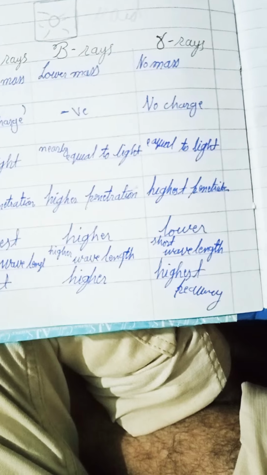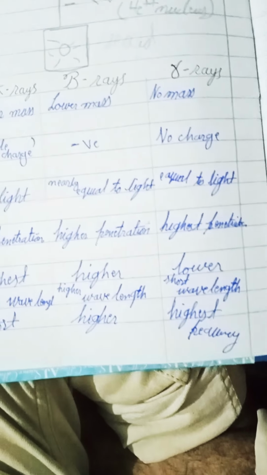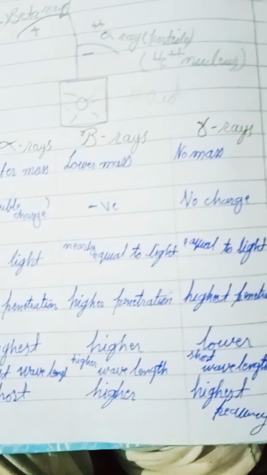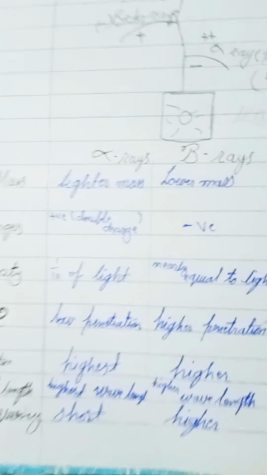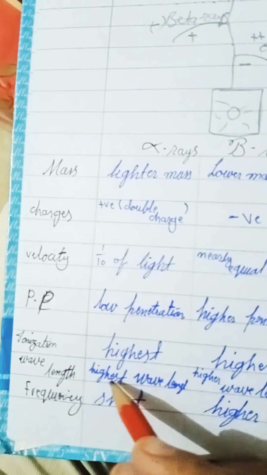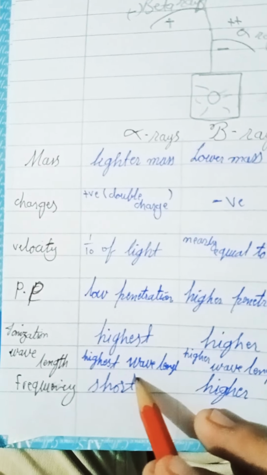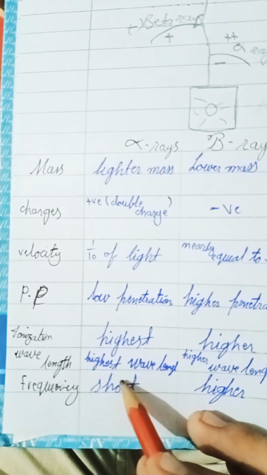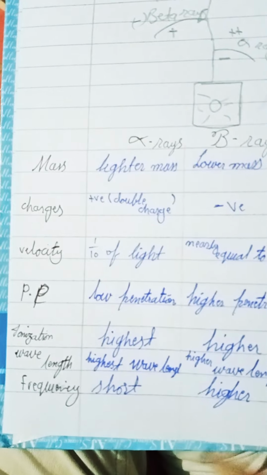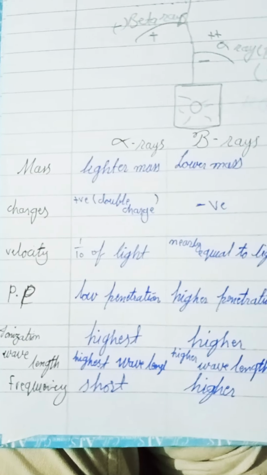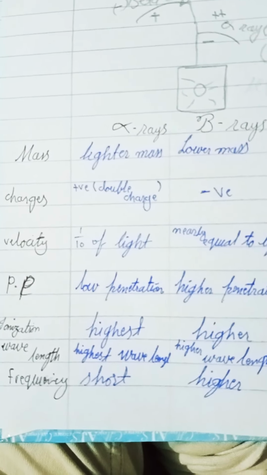So that's why gamma rays have lower ionization: they are just absorbing energy, not doing anything, not removing the electron. The ejection or breaking away of an electron is known as ionization.